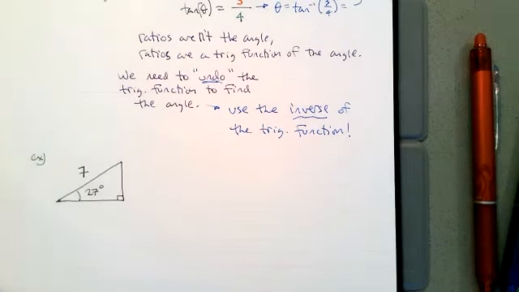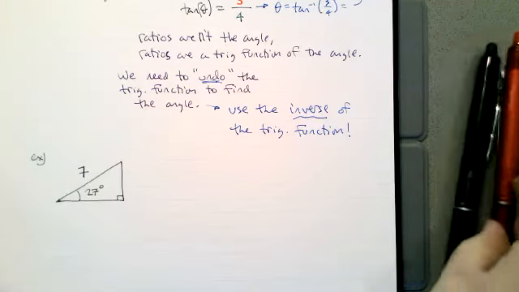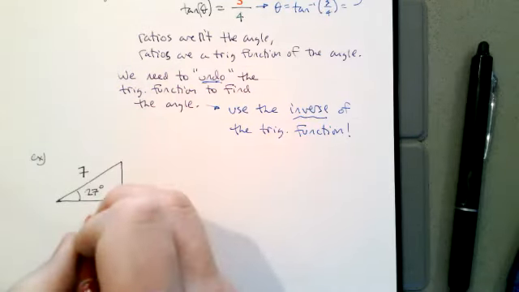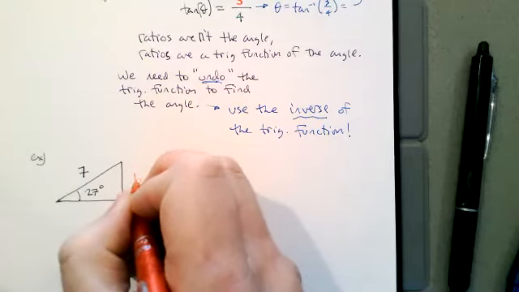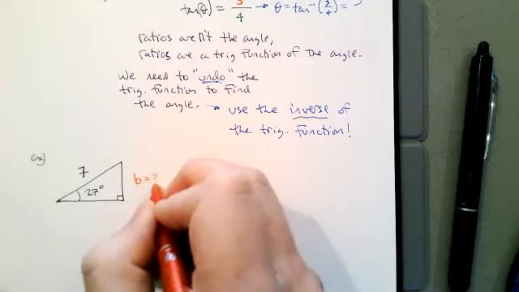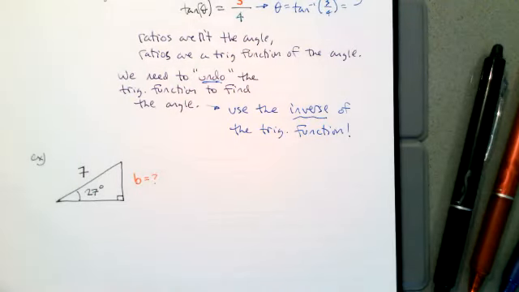And let's suppose that we want to know what's the side opposite. So I usually put A, and so let's call this B. Let's suppose that I want to find the side opposite the 27-degree angle.